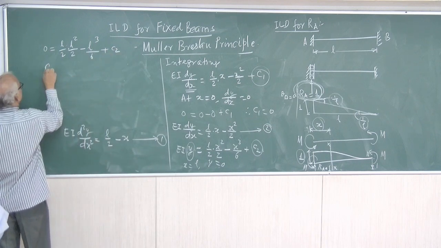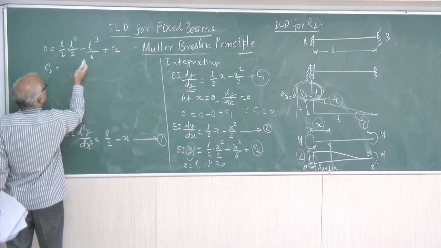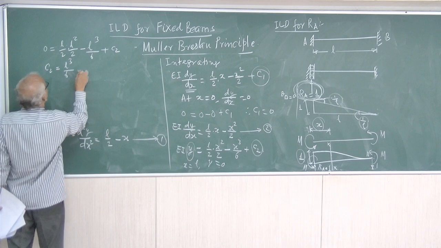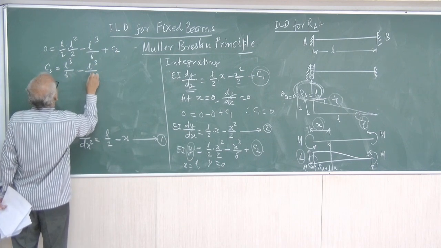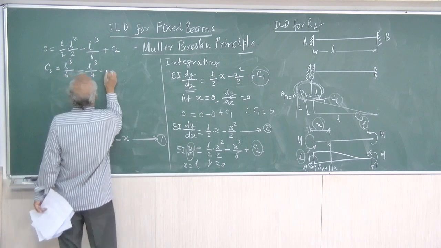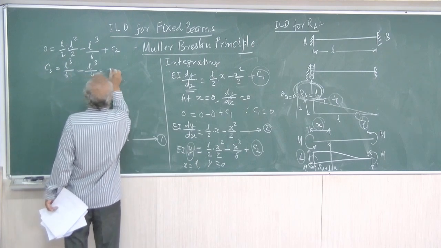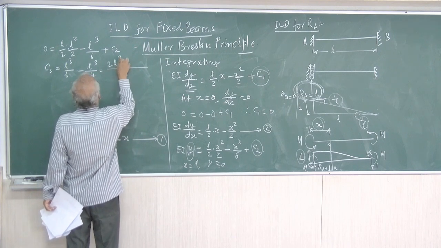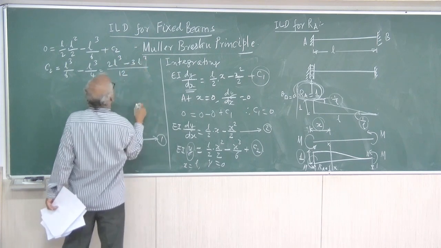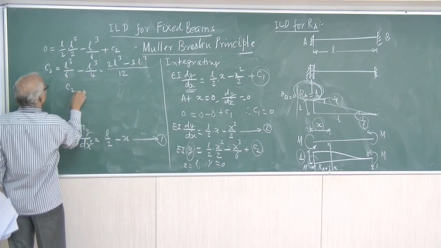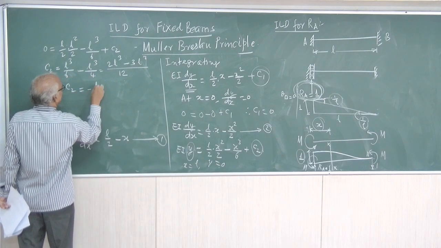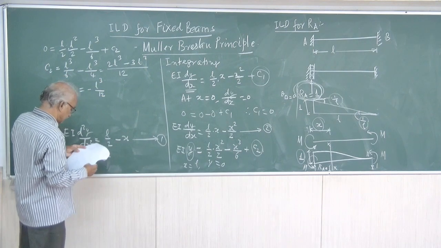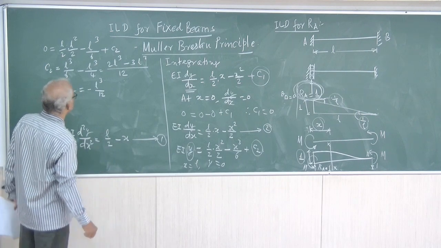Therefore, when this is taken to the other side, C2 equal to L cube by 6 minus L cube by 4, which equals 2L cube minus 3L cube over 12, so C2 equal to minus L cube by 12.